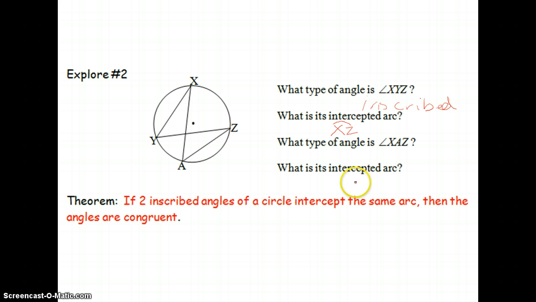Now what type of angle is angle XAZ? So from X, A, Z, again, that vertex is on the circle, so we've got another inscribed angle. And then what is its intercepted arc? Well, look again, we've got this arc XZ.